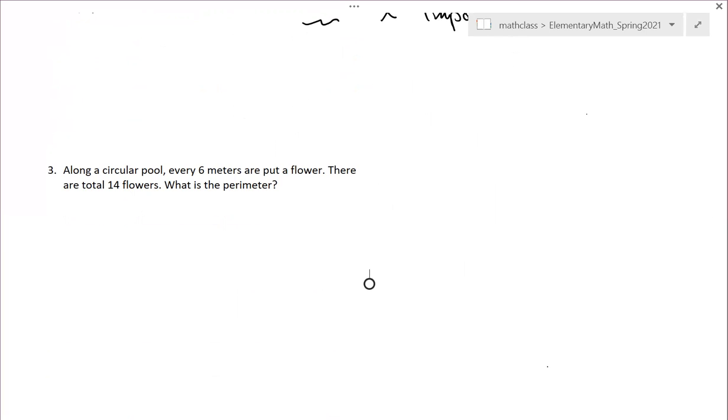What is the circumference? This is different from if I change the circular pool to a straight line, and then the answer will be different.